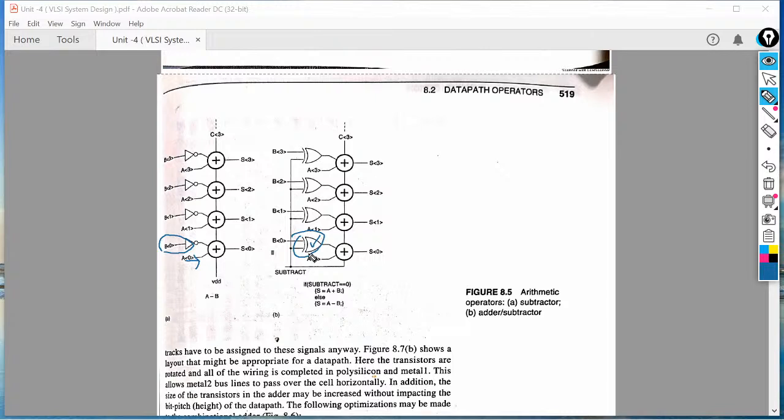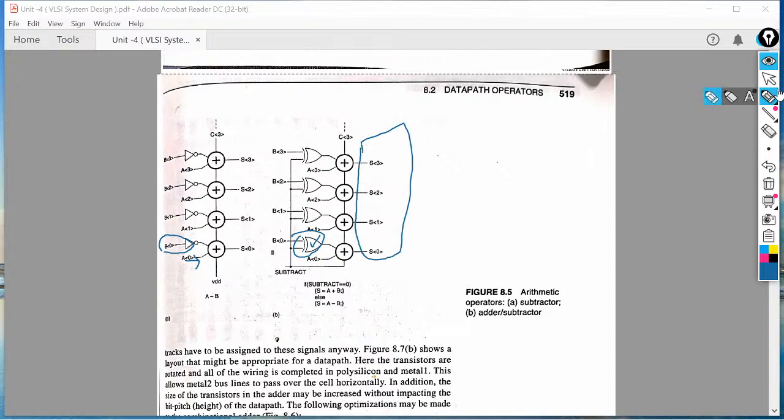It means if you take the XOR of that second input, and after that add it using the adder operator, then you will get the subtraction.